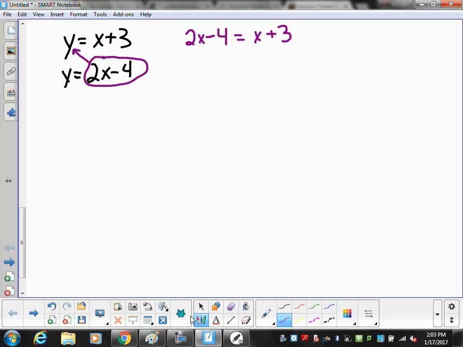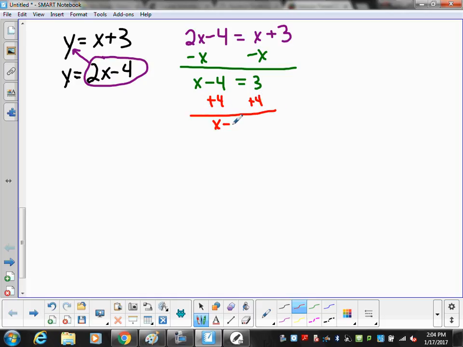So there's no distributing to do, but you do have to get the x's on the same side. So x equals 7.